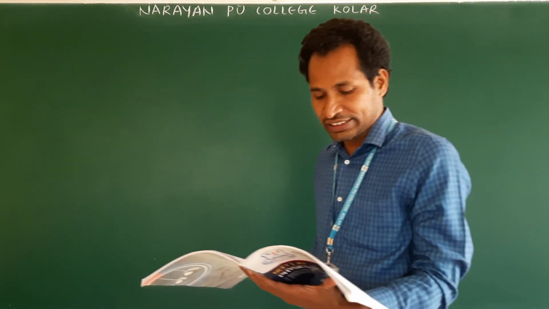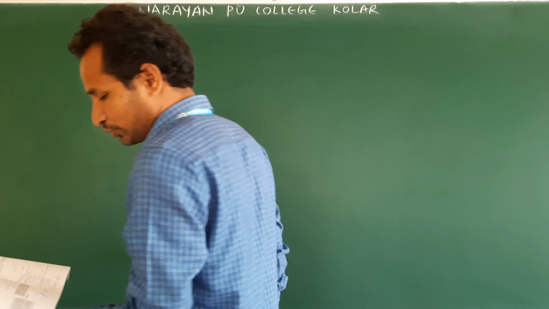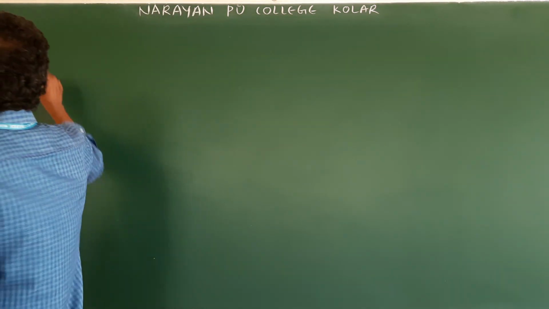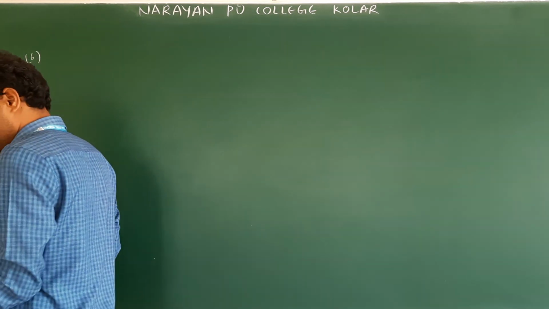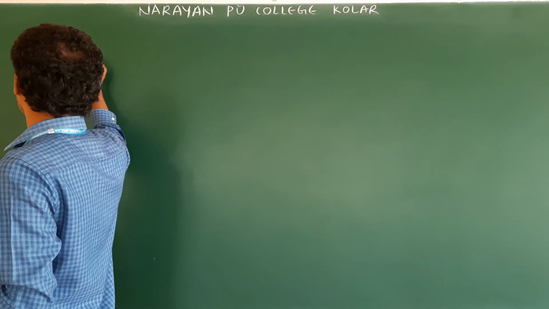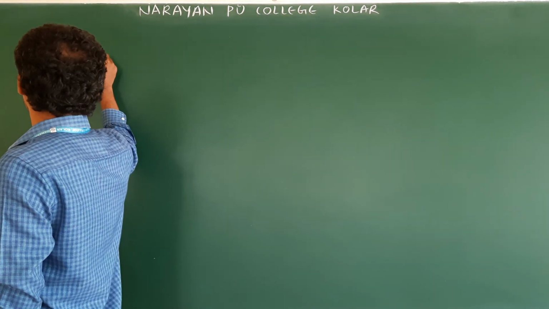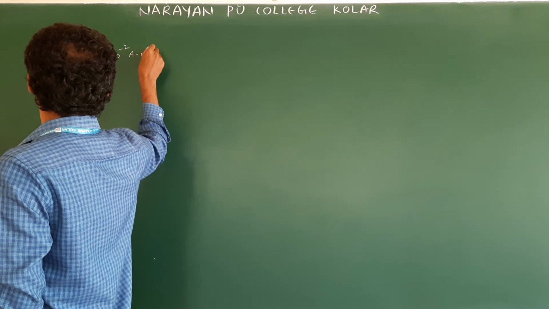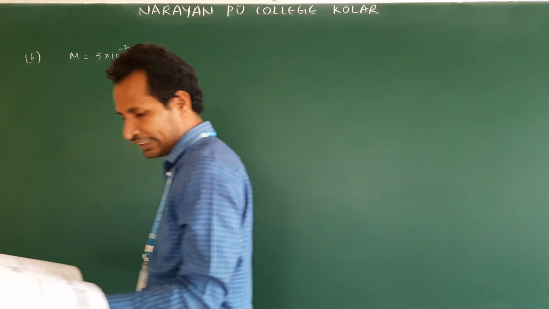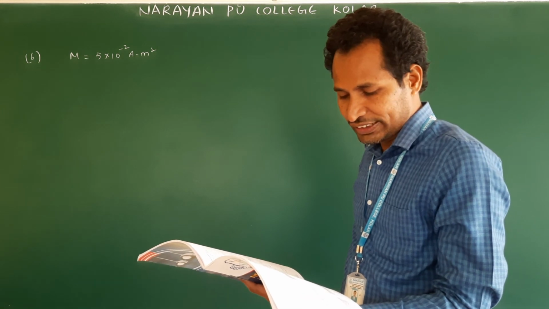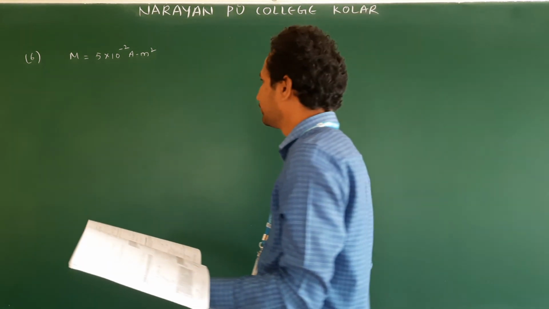Sin 37 and cos 37 are given in the question, so we do not worry about the 37 degree value. Clear? Example 6.